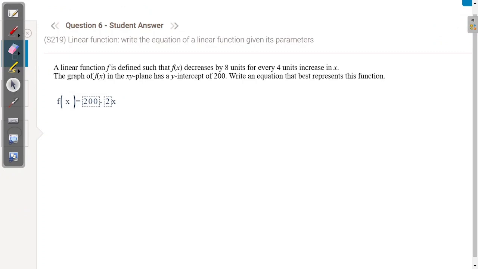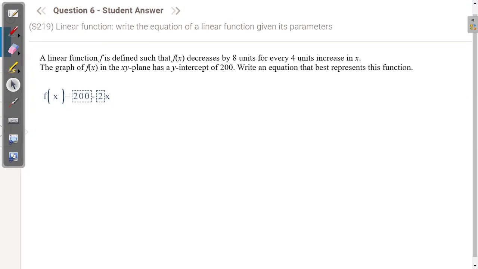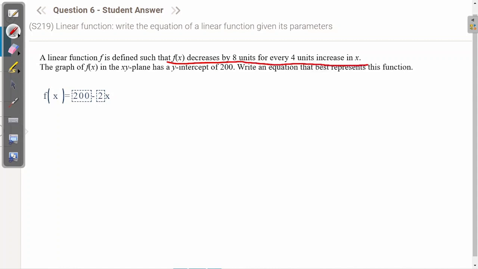Okay. Here, if you want the equation of a function of a line, you need to first find the slope and then the y-intercept. But here they don't give us points. So how do you find the slope? They give us f of x decreases by 8 for every 4 units increase in x. That means y is negative 8 and x is positive 4.